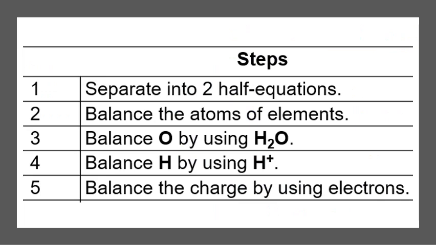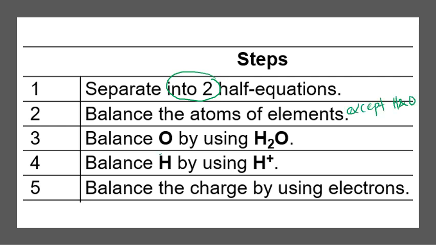Okay, I will end the video here. So in this video again, we focused on the 5 steps in balancing the redox equation. So these 5 steps are very important no matter whether it is in the acidic or basic medium. If an overall equation is given, you have to separate it into two half equations. And then step 2, balance the atoms except hydrogen and oxygen.